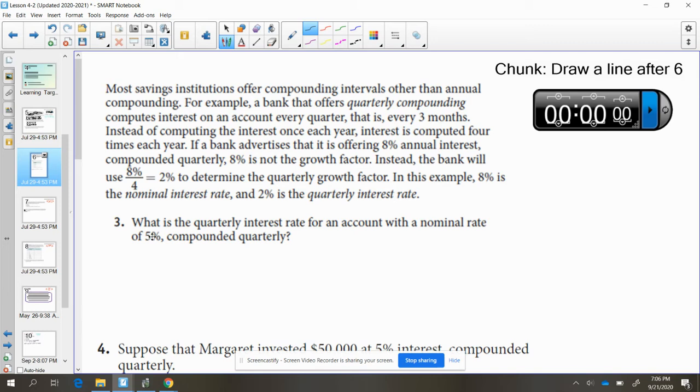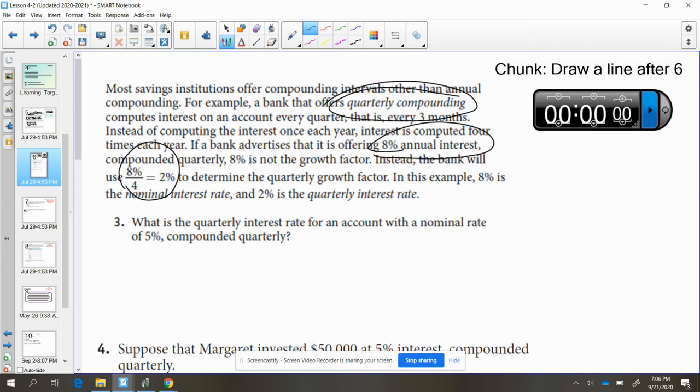Now, we also have other compounding types besides annually. So for instance, compounding quarterly, and that means every 3 months or for a total of 4 times a year. When we talk about a nominal interest rate or an annual interest rate, but it's compounded quarterly, really that's going to change our rate.